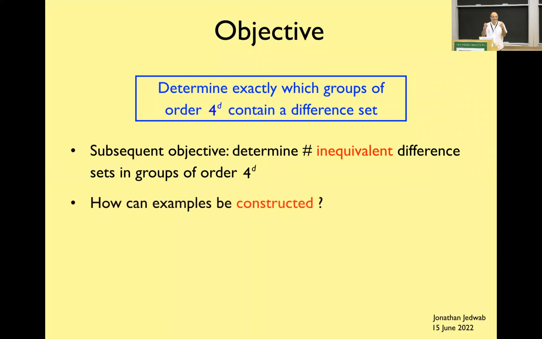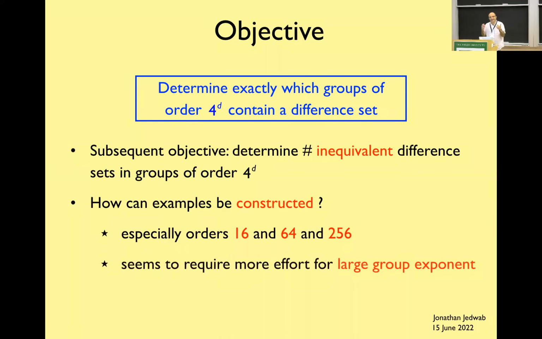And not only existence, I want this thing in my hand. I want it explicit and constructed. Especially these orders: 4 is trivial, 16, 64, and 256. We'll see why in a moment. And just to mention, it seems that answering that question becomes more difficult as the exponent of the group gets larger.